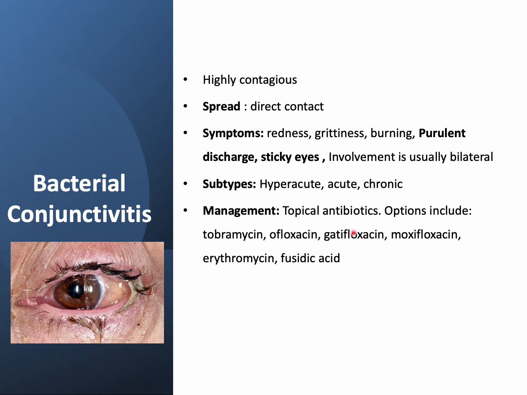Usually the symptoms are redness, burning sensation, discharge, and sticky eyes. Involvement is usually bilateral. However, sometimes they can come with unilateral disease, with one eye and then develop in the other eye.